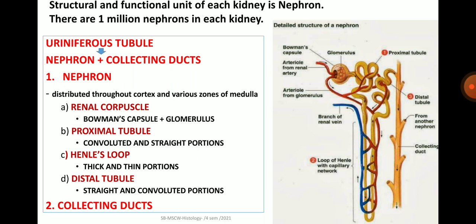The collecting ducts, each of which receives urine from many nephrons, run through the medullary pyramids and give them their striped appearance.